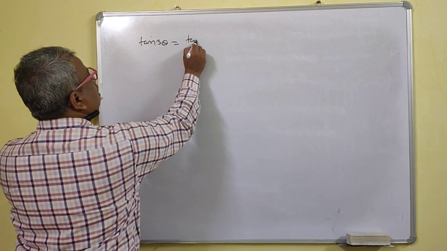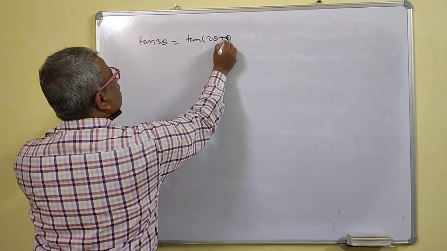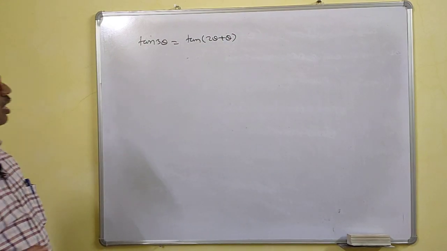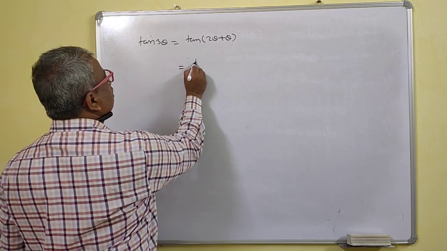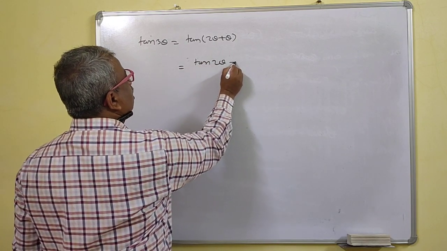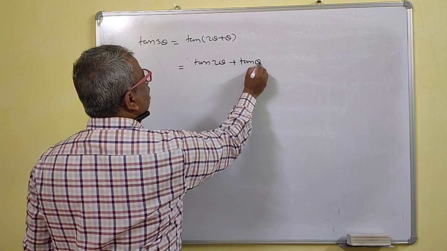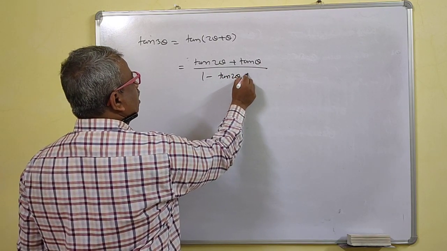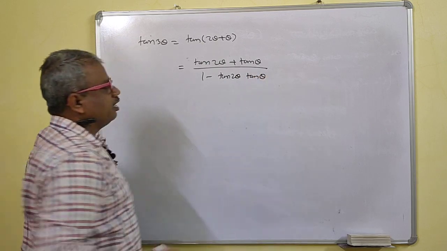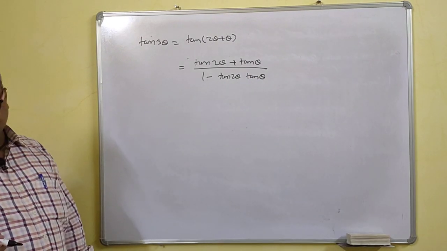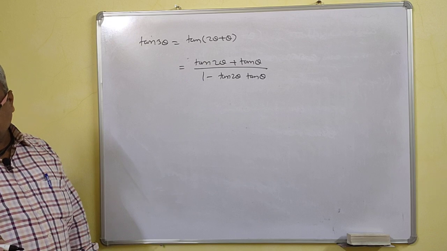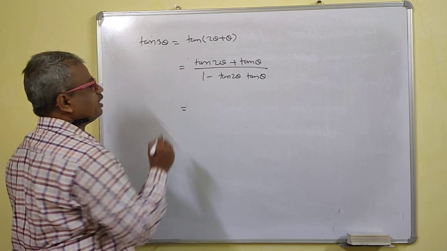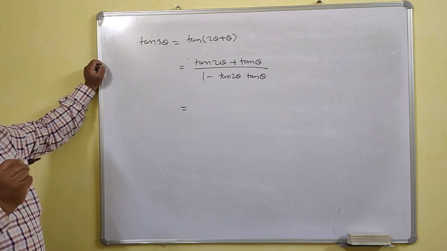So this is tan(A + B), which is (tan 2θ plus tan θ) upon (1 minus tan 2θ tan θ). Just the formula for tan(A + B). Now we know the formula for tan 2θ, so we'll apply that formula.